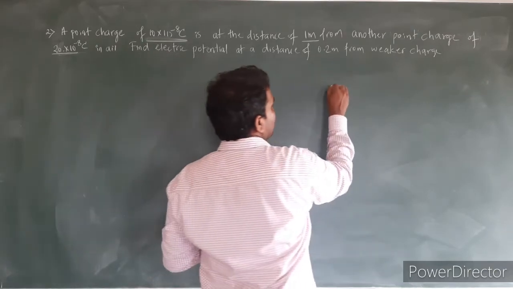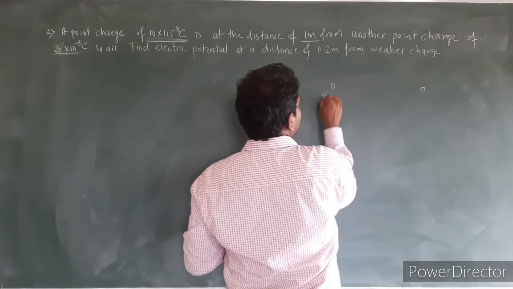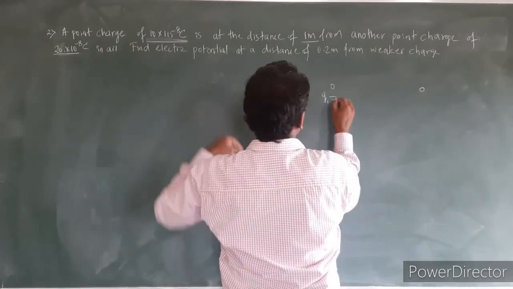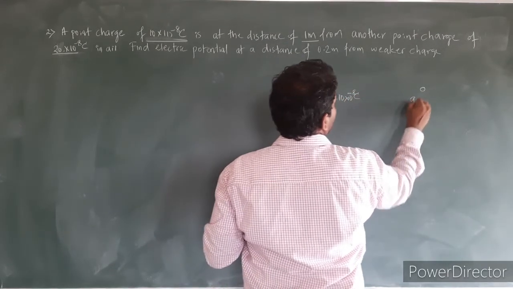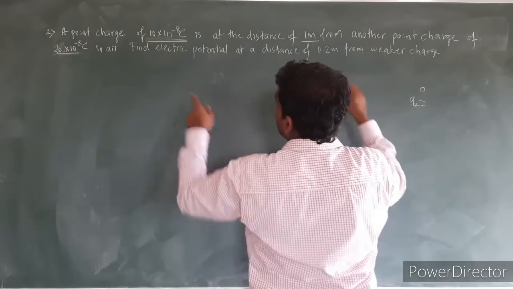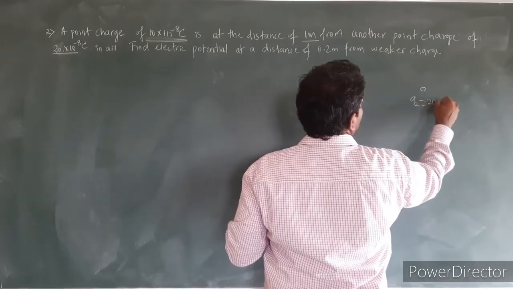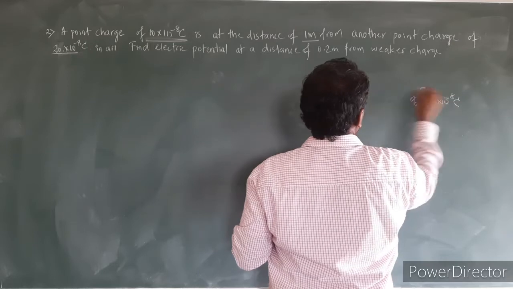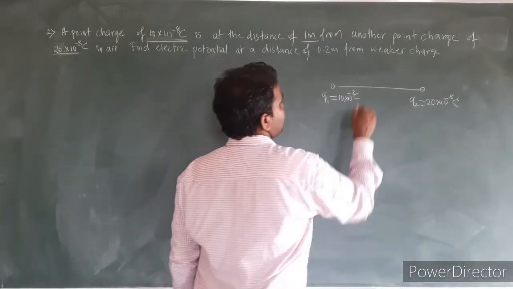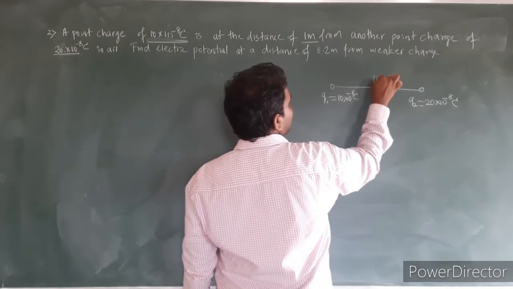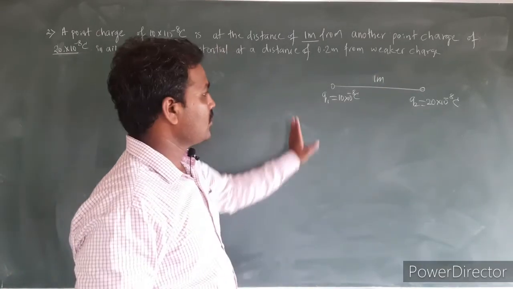Okay. Let us draw the charges here. First charge, let me call it Q1. Q1 is equal to 10 into 10 to the power of minus 8 coulomb, and Q2 is equal to 20 into 10 to the power of minus 8 coulomb, and both the charges are placed at a distance of 1 meter.